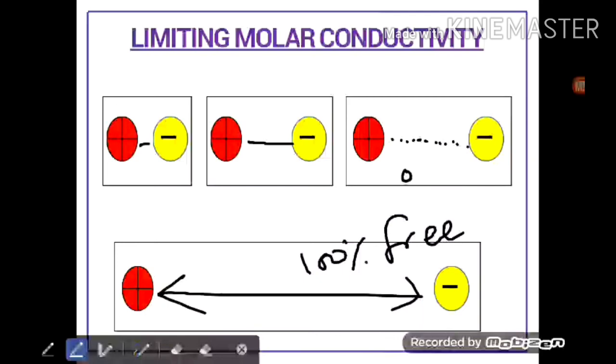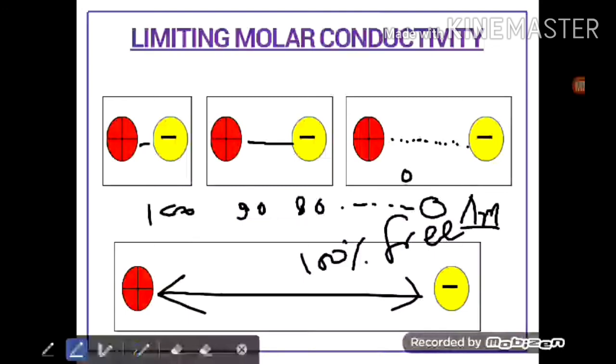Now you can't increase the molar conductivity, because molar conductivity was increasing due to the decrease in interparticle attraction. First the attraction was 100, after some time it becomes 90, 80. So the attraction was decreasing and molar conductivity was increasing. But if the attraction is 0, there will be no effect on molar conductivity. So the molar conductivity is maximum. If you add more solvent, there will be no effect.